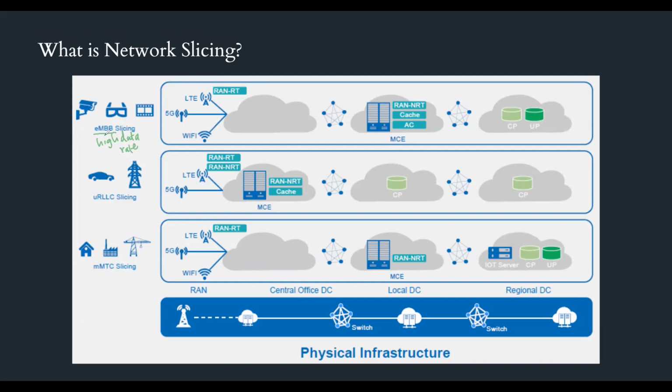The applications which require high data rates will be served using this enhanced mobile broadband service. So using the enhanced mobile broadband service, we are going to serve high data rate users or customers requiring high data rates.